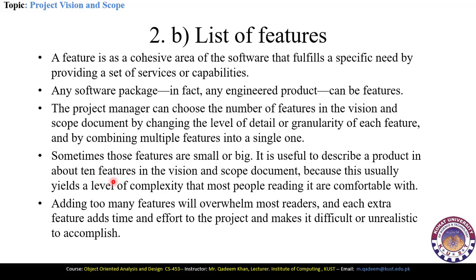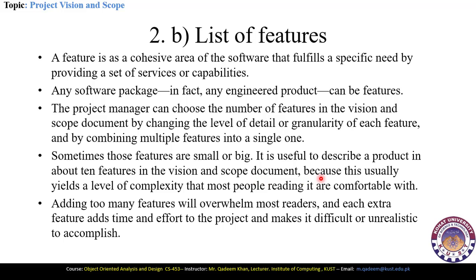So every product contains at least 10 big features, and the big features also contain small sub features as well. So we document the project vision and scope in the form of a list of features, and there may be about 10 features in the document.